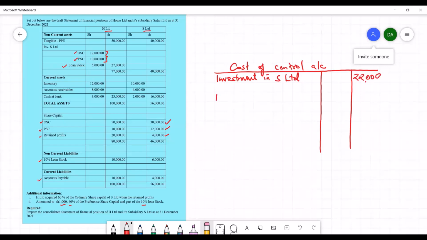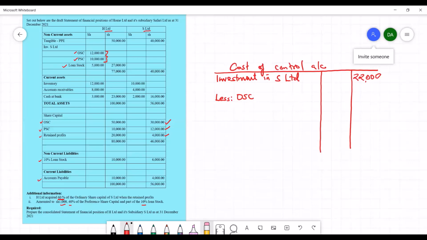So what was acquired? Less ordinary share capital. For the ordinary share capital, we have seen that H Limited acquired 60% of the ordinary share capital of S Limited.